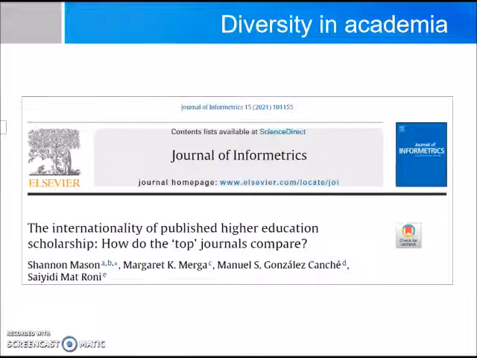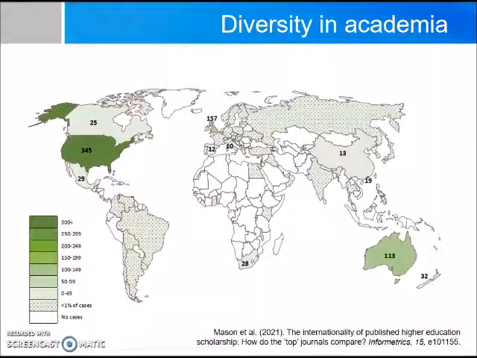One of the analytical tools that we used was the Simpson's Diversity Index. For example, you can see here this map, and what you see are the country affiliations of all of the editorial board members of the journals that we analysed.